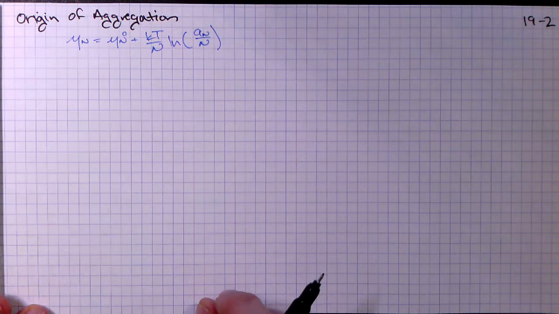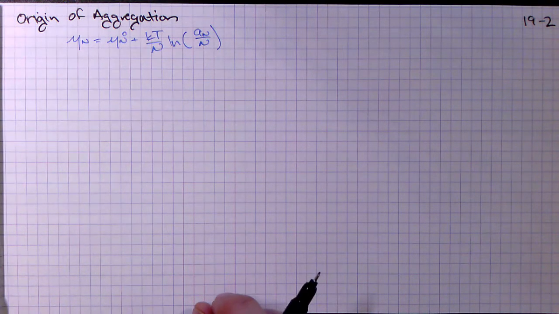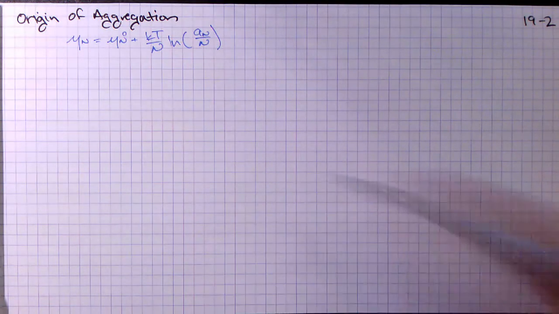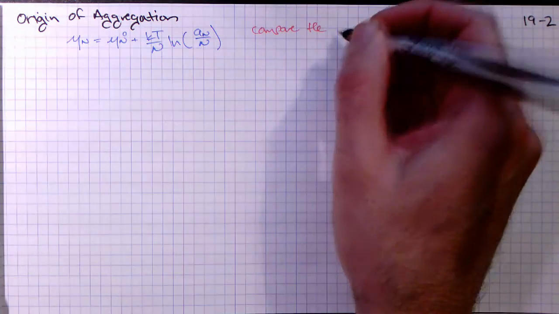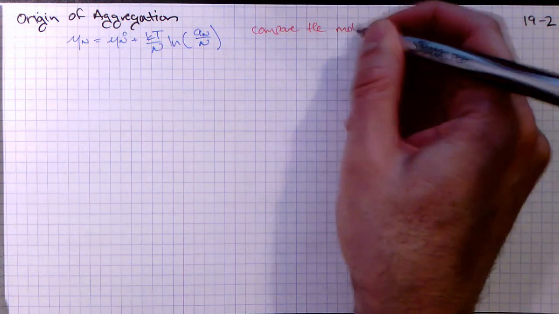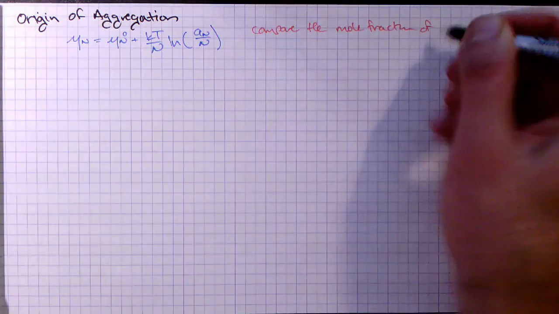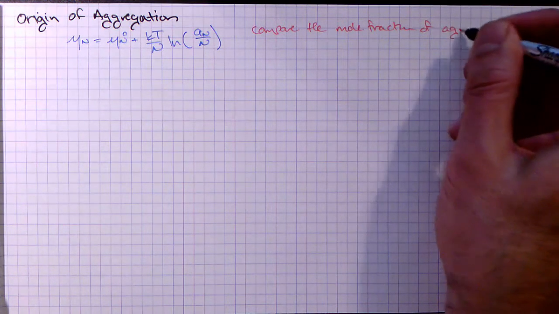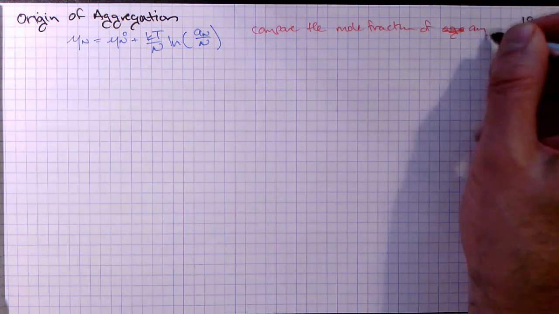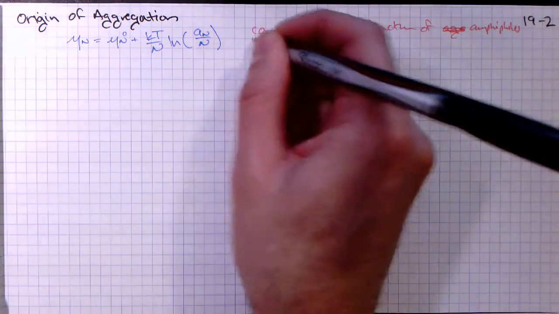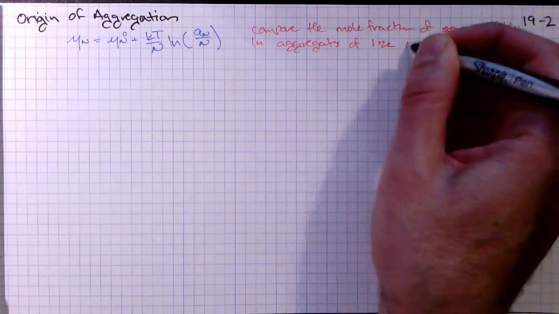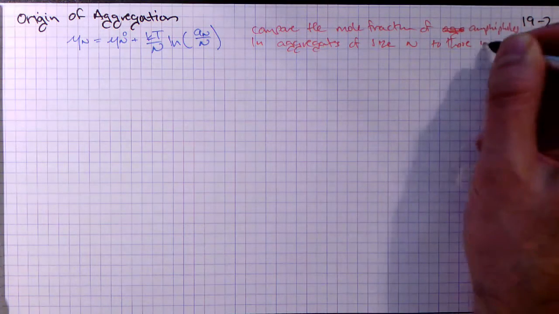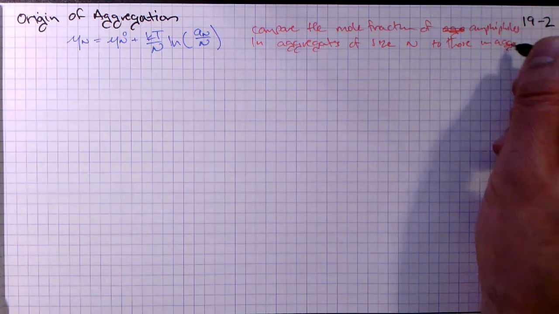And if we wanted to compare the mole fraction of amphiphiles in aggregates of size n to those that are monomers.